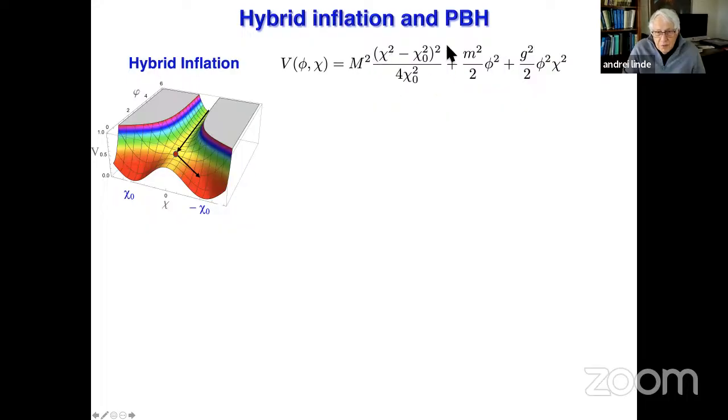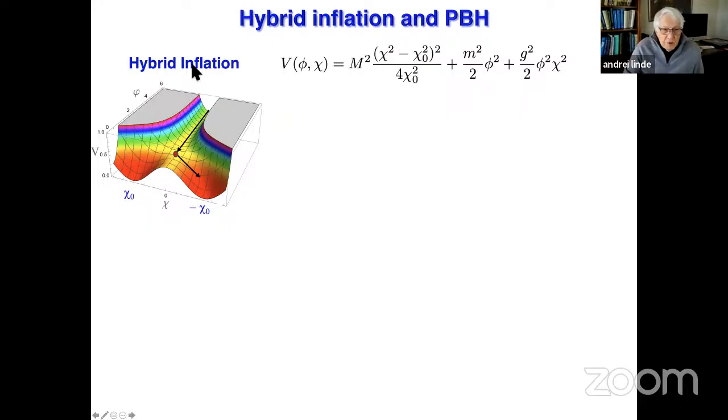Then there is another potential, for field chi, whatever you call it. Different people call it different names. This is essentially a Higgs potential. So you have a potential which has a maximum at chi equal to 0 and a minimum at chi equal to chi 0, whatever chi 0 is. And then there is an interaction between these two fields, a simple term phi squared chi squared, okay?